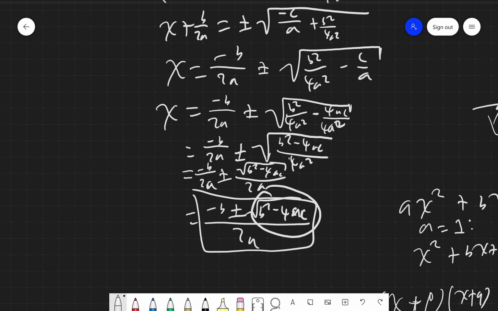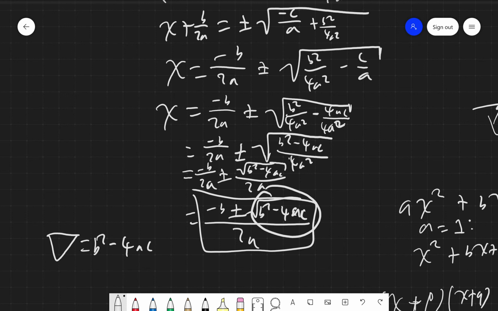That's what we call the discriminant. Sometimes we denote it with an upside down triangle, but we don't always, because that's more used for Laplace transforms and stuff like that later on.